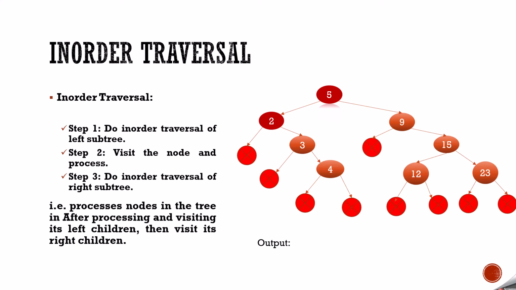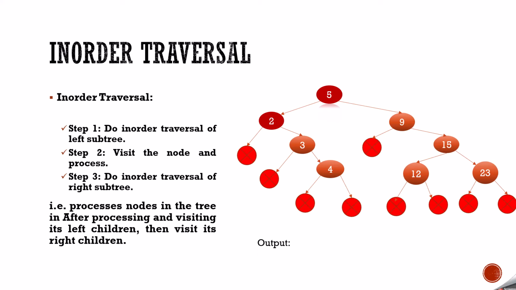So as per the in-order traversal, first we will go to the left-hand side, we will finish the left-hand side traversal, then when coming back we will process that node, and then we will start traversing the right-hand side of that node, and we will follow exactly the same thing for every node.